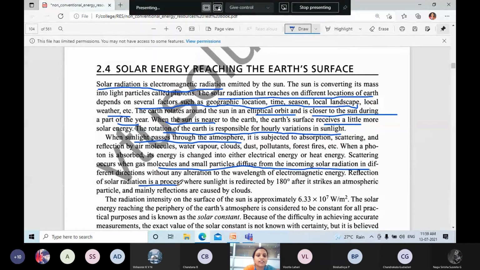Reflection of solar radiation is a process where sunlight is redirected by 180 degrees after it strikes an atmospheric particle, and mainly reflections are caused by clouds only.